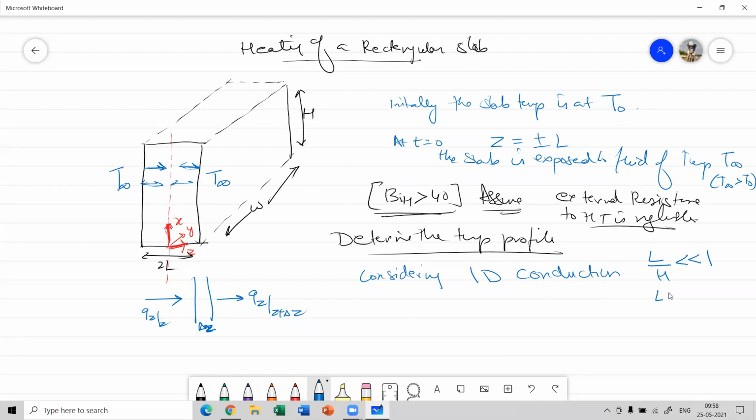And second, the length with respect to the width, L over W, is also much less than 1. So this thickness with respect to the width is also much less than 1. So we assume this thickness is much smaller, so the conduction is only occurring in one given direction. So we now apply the heat balance on this shell of thickness delta x.